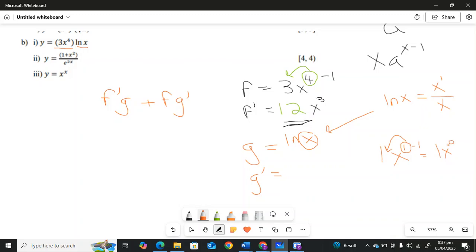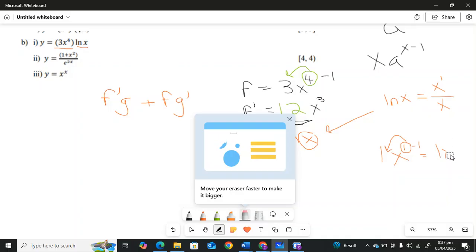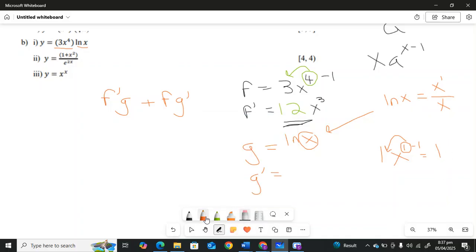According to the rules of indices, x to the power 0 is 1, so you don't need to show it. In the numerator you derive the expression, then in the denominator you leave the expression as it is. So 1 over x. The derivative of the natural log of x is 1 over x.